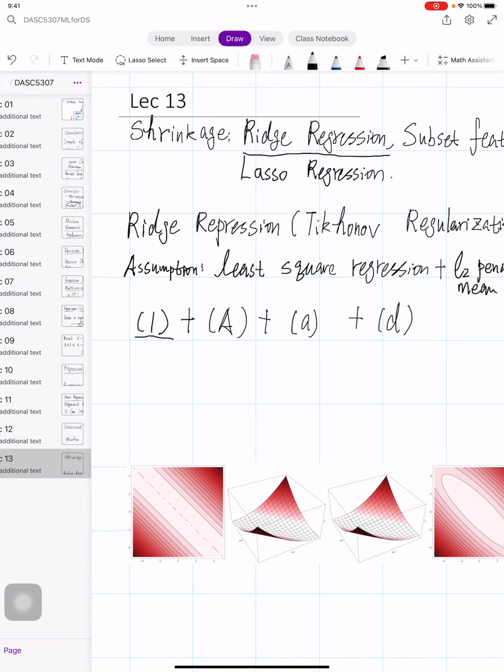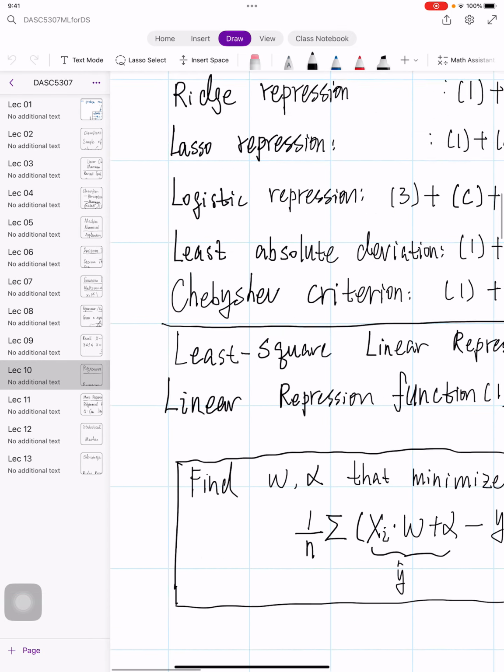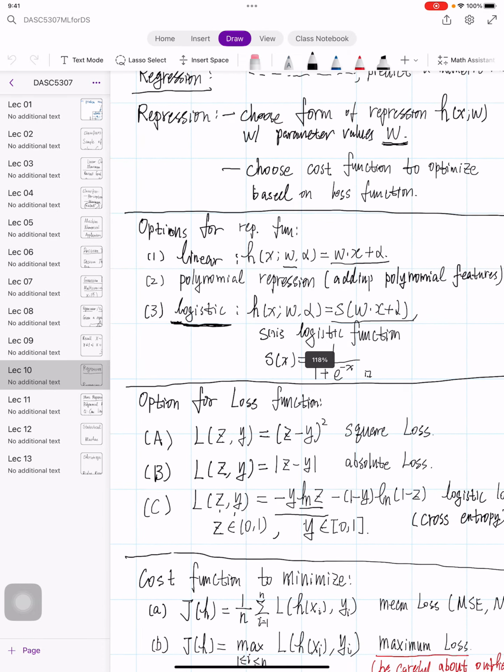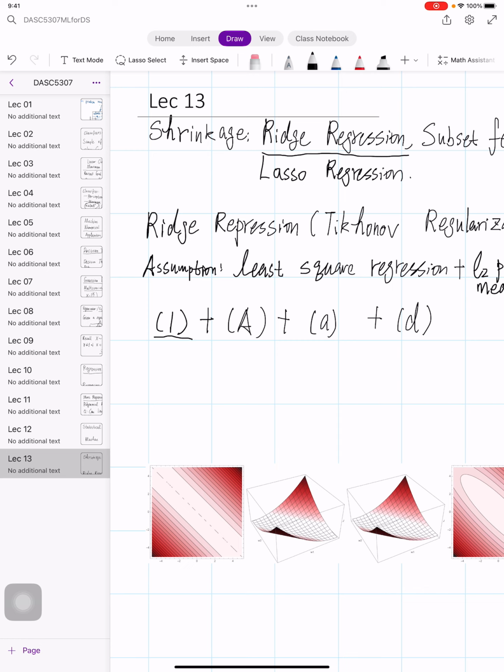So if you go back to our basic setups for the regression, first part, we use the linear regression. So the regression function is the linear regression format.